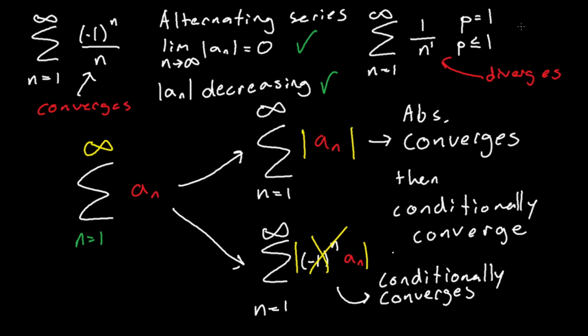But if you test for conditional convergence first, oh, well, now you have to do absolute convergence, and you just wasted some work if you already absolutely converge. All right, so try testing for absolute convergence first when you have a series, and then test for conditional convergence if you determine that this guy absolutely diverges. But if your series also conditionally diverges, well, then that just means your series diverges, all right?